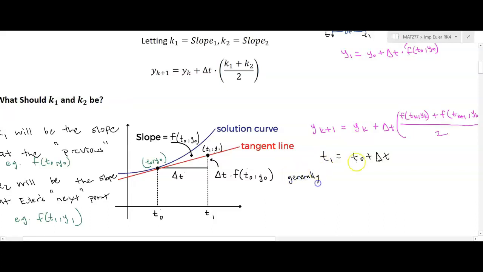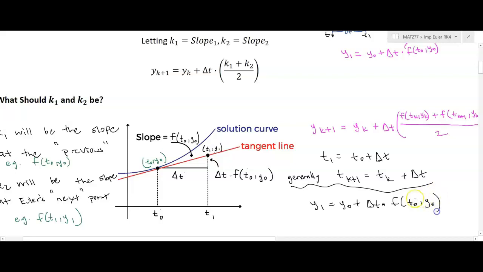More generally, we could write this as t sub k plus 1 equals t sub k plus delta t. Now for the y component, we know that to get y1, we have to take y0, plus our step size multiplied by how much change we expect per 1 unit change.